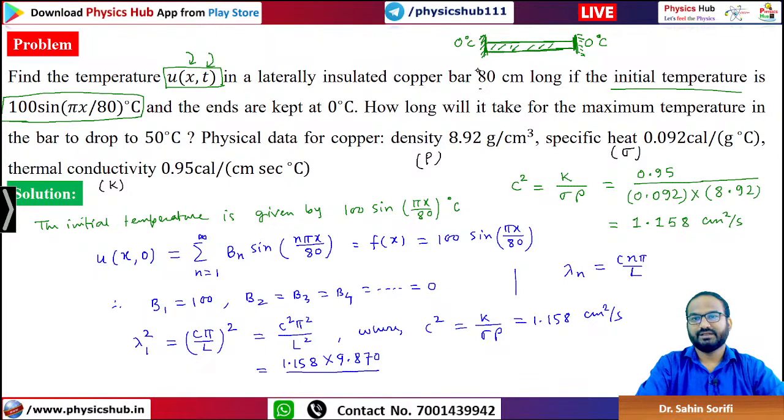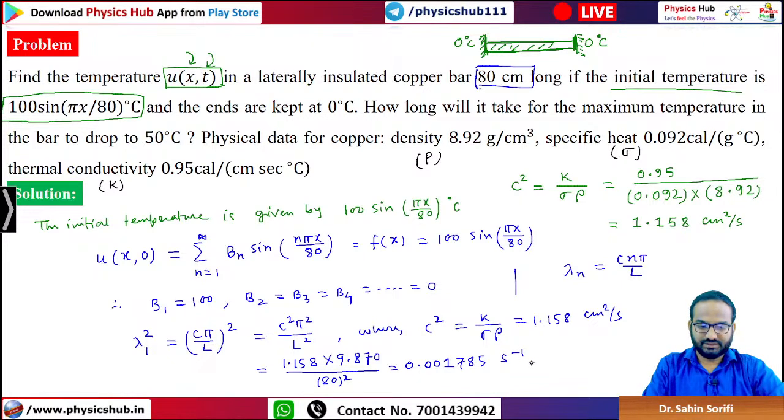L is equal to 80 centimeter, given to you, right? So we can write 80 square. All of the units are in CGS. This is equal to 0.00175 second inverse.